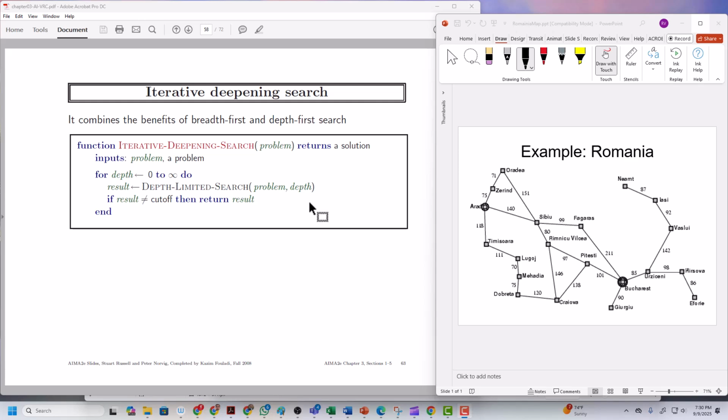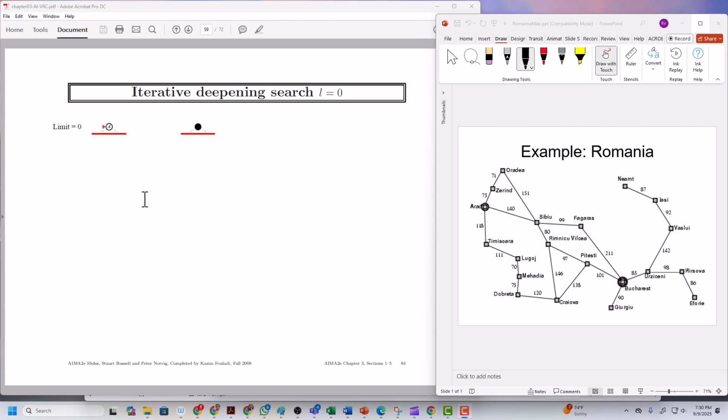It's very memory efficient. Okay, so you increase the depth from 0 in incremental fashion, and keep running depth limited search for every individual limit. So it's a recursive procedure. So you see at limit 0 you just visit probably the root, and then once visited you remove it from the stack.